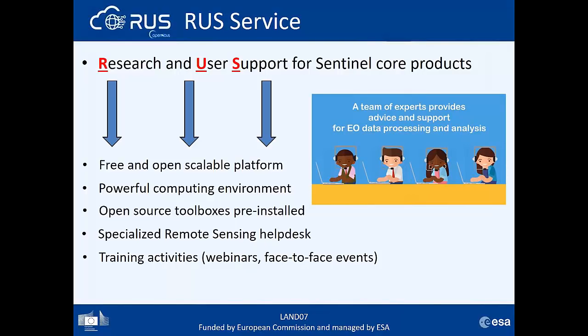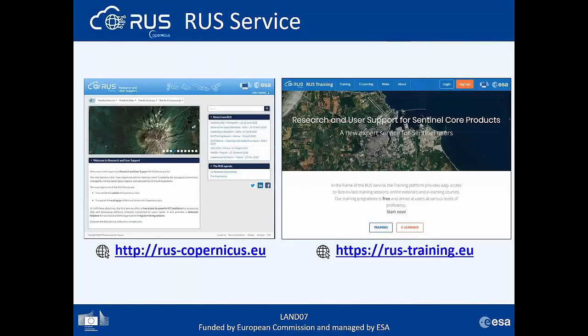So you can find all the information of the project in our two main websites, the ruscopernicus.eu portal and the rustraining.eu portal. The first one is where you will be able to register for the service, log in into your personal area and access your virtual machine. The second portal, rus-training.eu, is where we post all the information about our training activities.